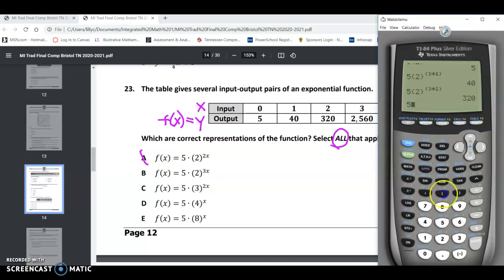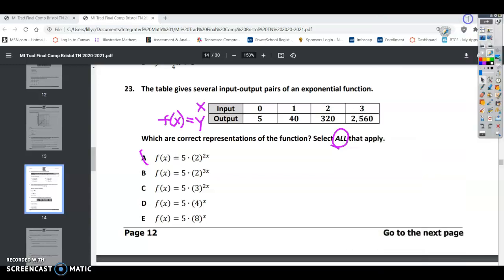Let's do 5 times 2 raised to the 3 times, and the last input is 3. And that gives us 2,560. So we can see that when we plugged each input in, we got the correct output. So we know that B is the correct answer.